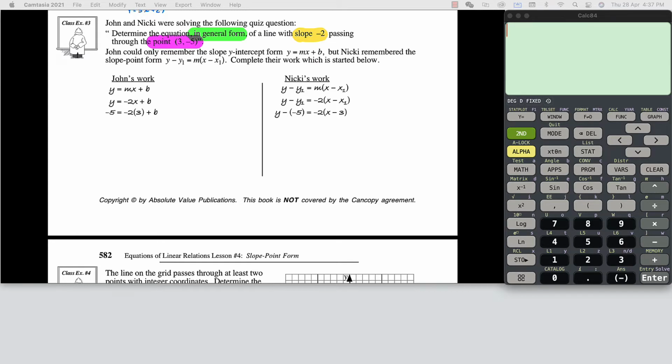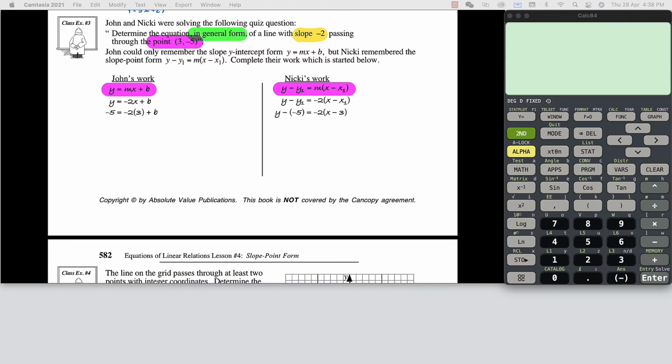John starts off using y equals mx plus b, so the slope y-intercept form, and Nikki starts off using the slope point form, y minus y1 equals m times x minus x1, and it says to complete their work and see if we can basically come up with the correct answer in both cases.